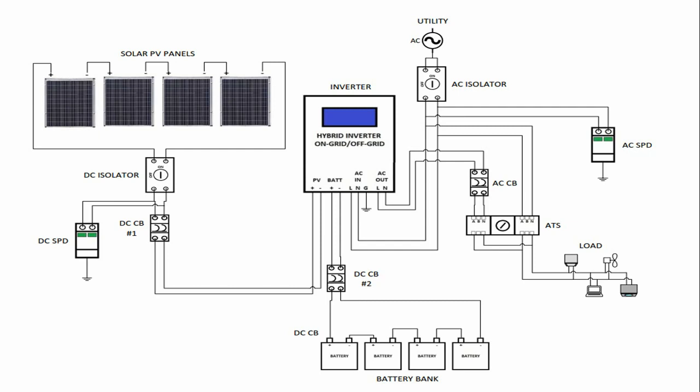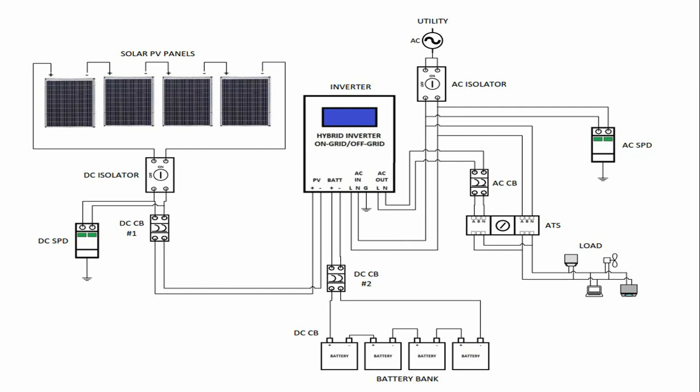The solar panels convert solar energy into electrical energy, and this electrical energy will then be used to charge the battery bank through the hybrid inverter. The hybrid inverter has a built-in charge controller that prevents the battery bank from overcharging.